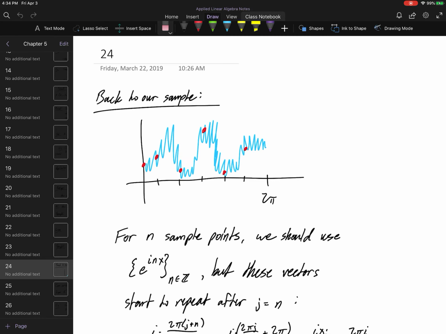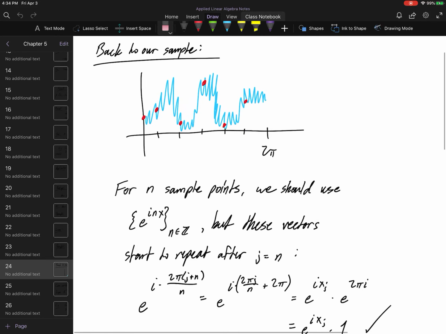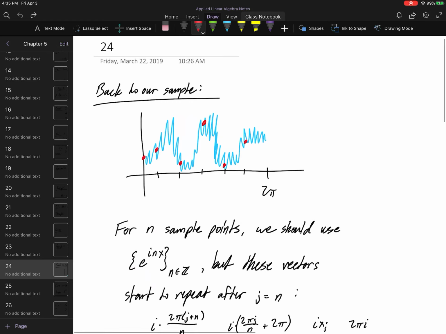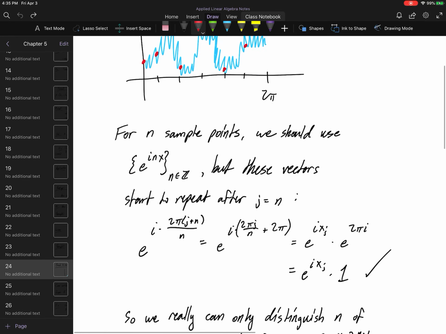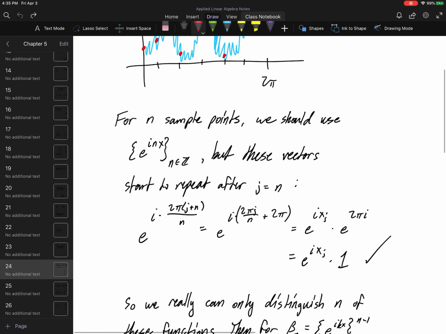All right. So with that in mind, let's come back to our sample. We would like to sample this voltage curve or this current curve, and then figure out what this looks like when I project this function onto the complex inner product space that uses integer frequencies for e to the inx.